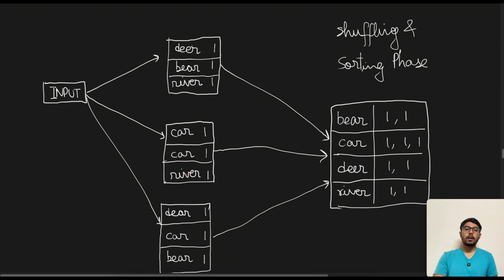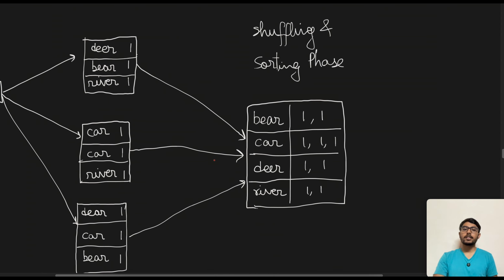So the first part remains the same, which is the mapping phase. The next part is shuffling and sorting. So beer has accumulated 1 comma 1, car has also accumulated the 3 ones, deer has 1 comma 1, and river has 1, right. So now we have shuffled them, and if you put them in alphabetical order as B, C, D and E like this, then it is sorted.